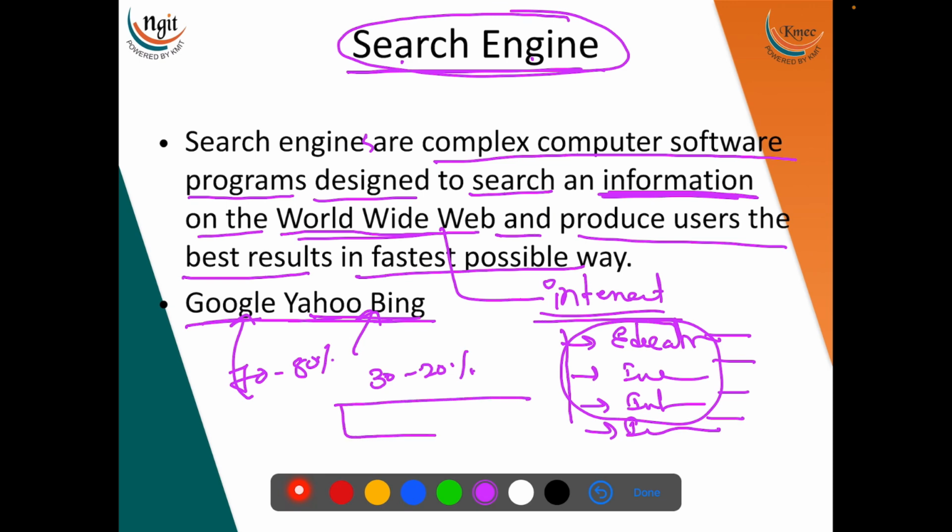Let us see what a search engine does. This search engine accepts one key from the user. Let's say that I want to search for database. The search engine's duty is that whatever keyword I give as part of the user action, the search engine program will take.